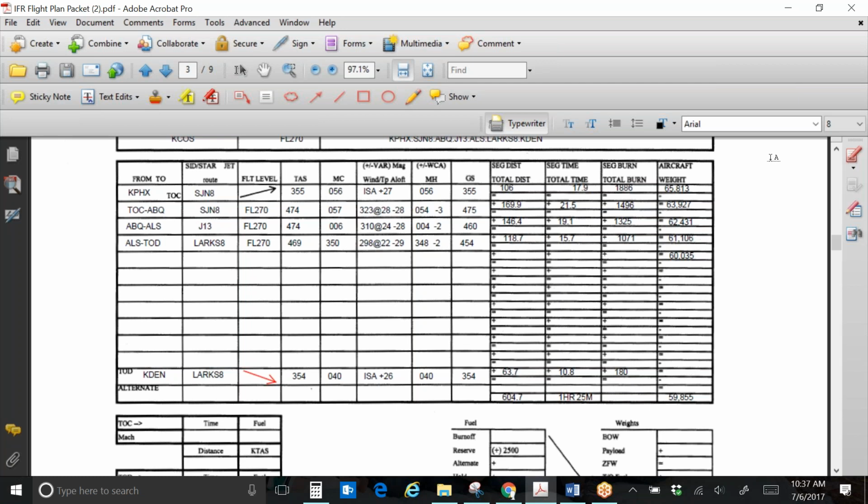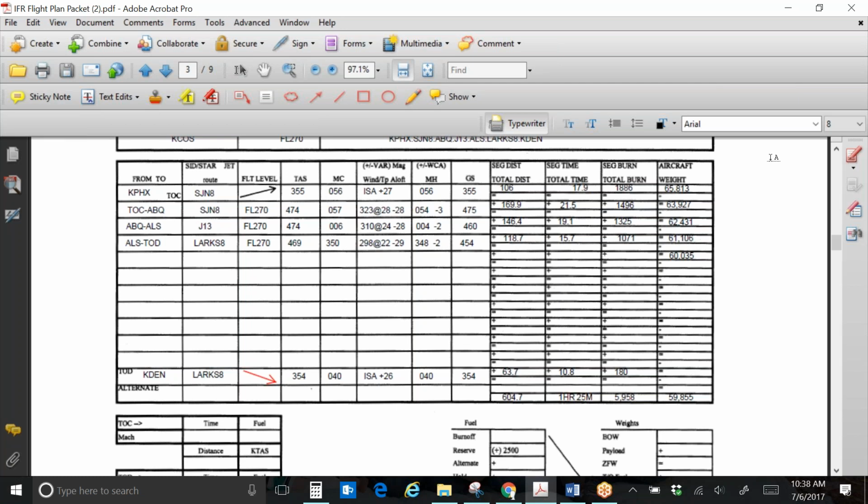And total burn here that we're going with is 1886 plus 1496 plus 1325 plus 1071 plus 180 equals a total burn of 5,958.